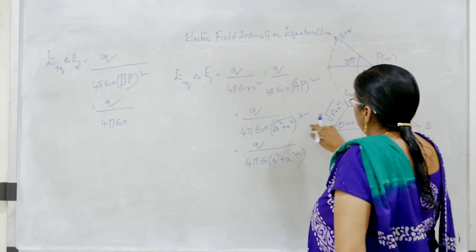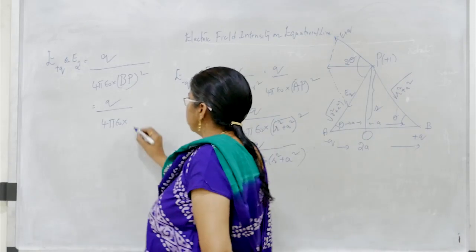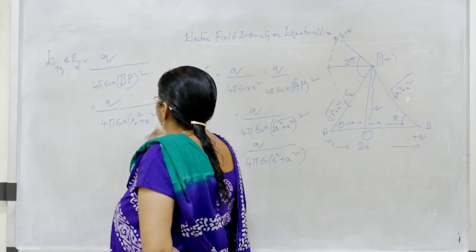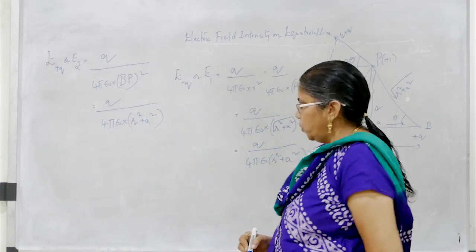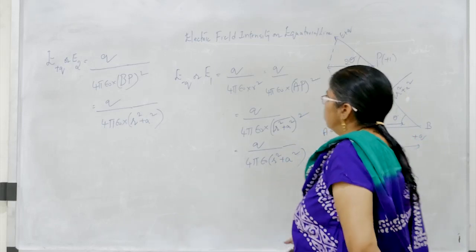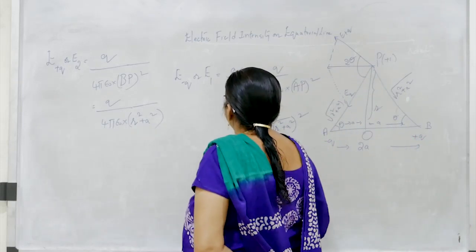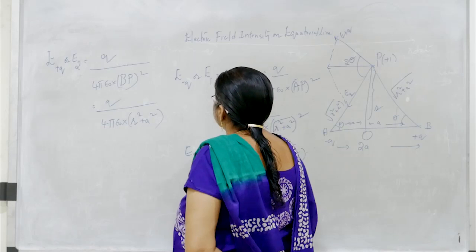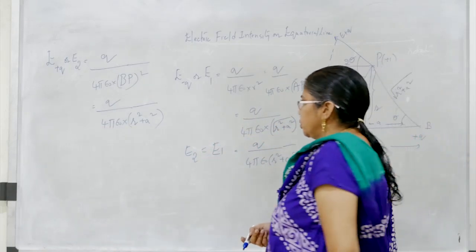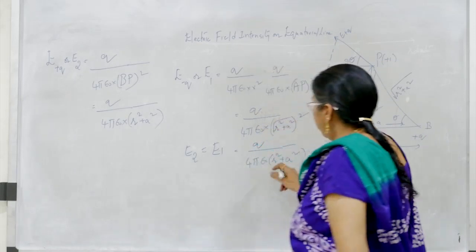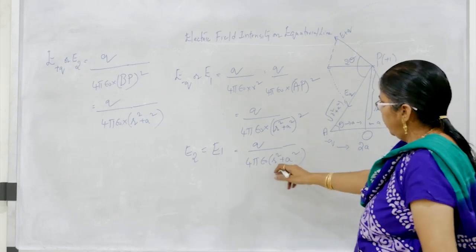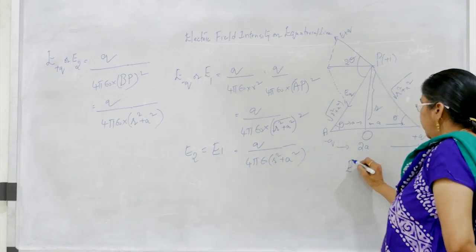So you cancel the root, and again you get r square plus a square. So E1 or E2 you have the same formula. Whether it is plus q or minus q, you have the same electric field intensity. But in order to calculate this electric field intensity, I will write these formulas, whether it is E1 or E2, on the side.